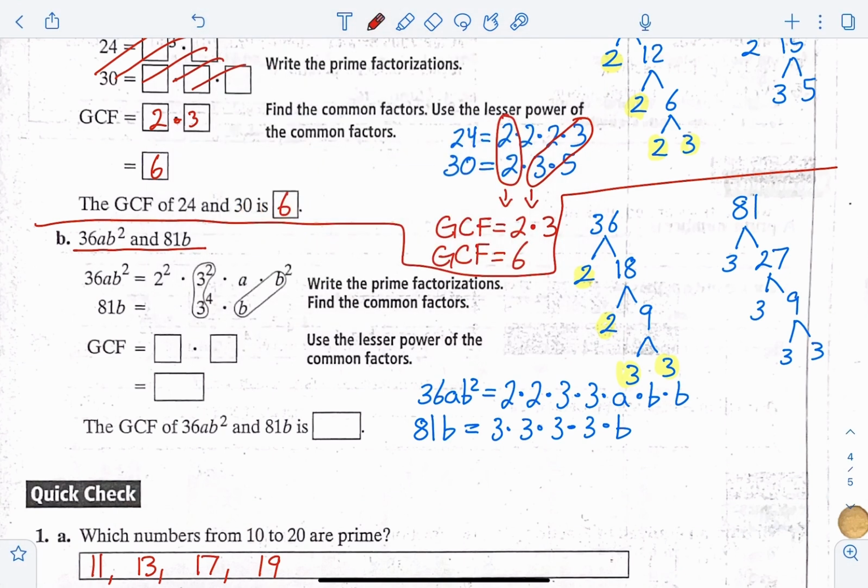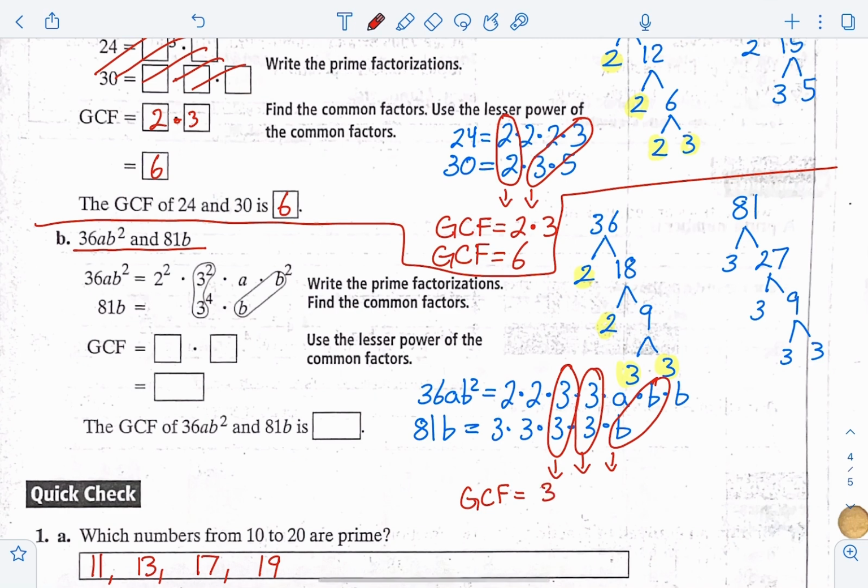And then we go back, and again, we circle the things that they share. So they share a B, they share a 3, and they share a 3. So when we're bringing those down, we only write one thing per bubble. So GCF equals 3 from that first one.